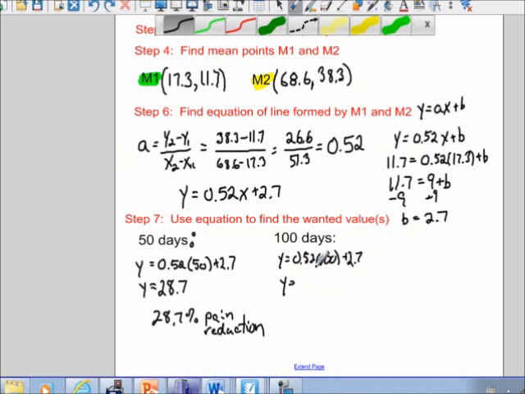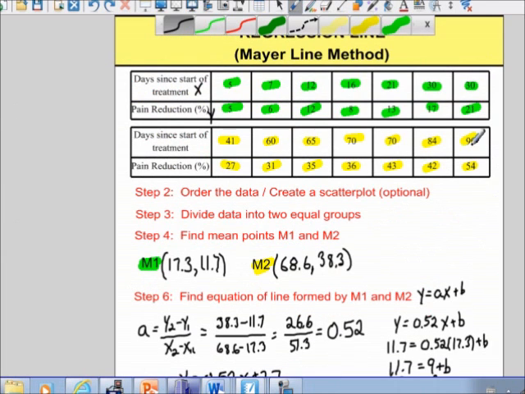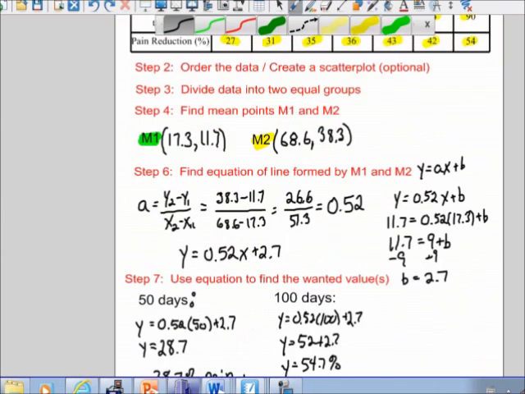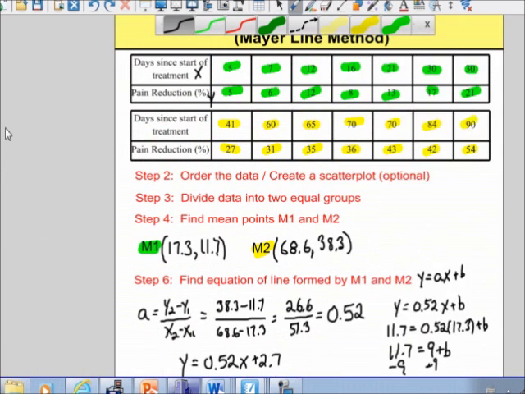Remember, for multiplying by 100, we just move our decimal 2 to the right, so we have 52 plus 2.7, and that gives us 54.7%. And again, we can go up here and say, well, this person here at 90 days, they have 54%. So they're actually maybe doing a little bit better than we might expect.